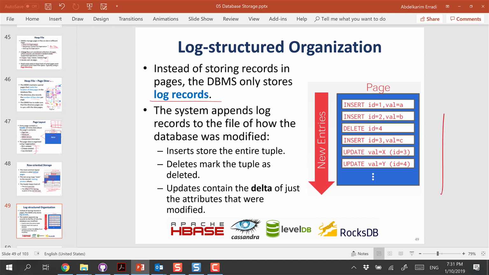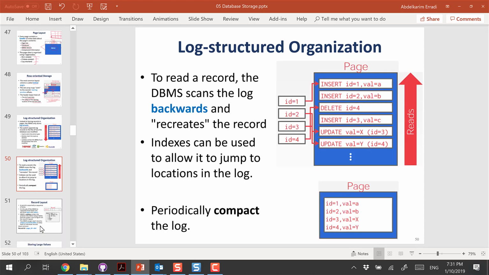Bottom up. So I'll be reading bottom up and reconstructing the image of the record. And not only this, typically you can also define indexes. An index gives you, for each ID, pointers to the log statements related to that particular ID.